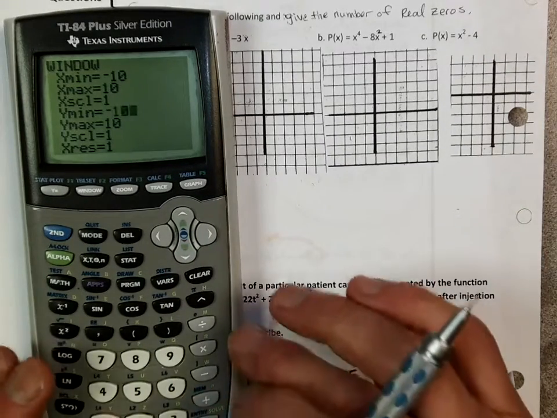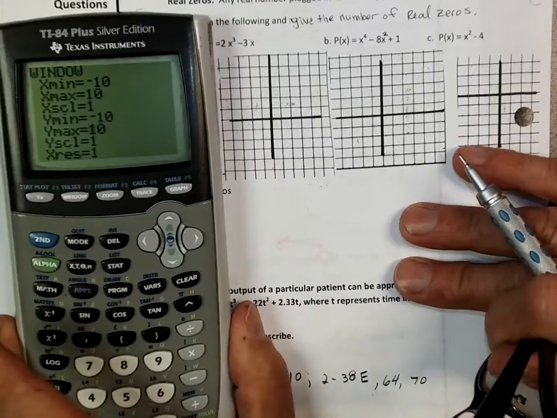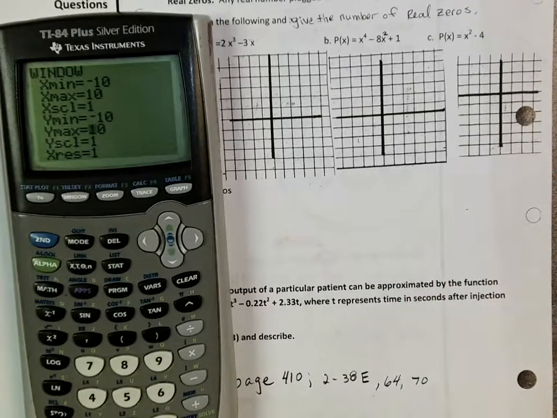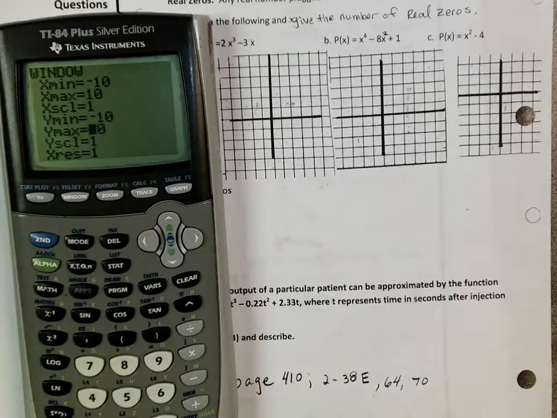Negative 10 to 10, okay? Standard window, okay? Now, first of all, make your window a standard window. Okay, negative 10 to 10.